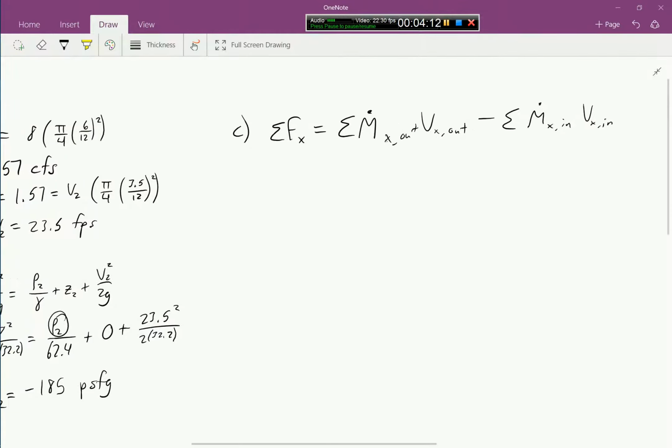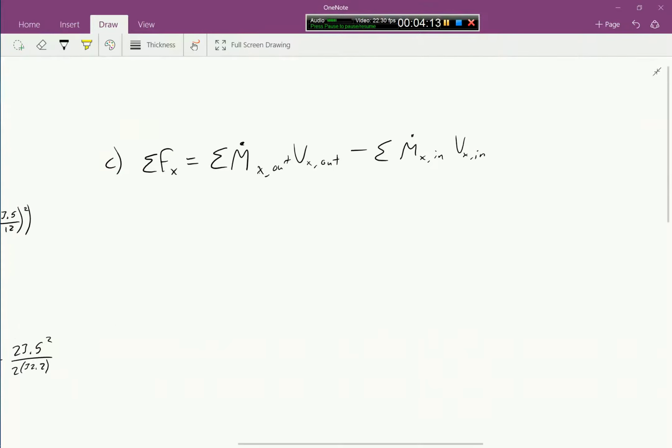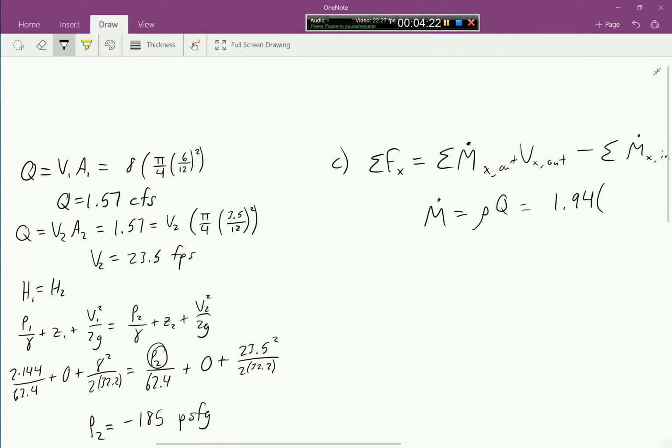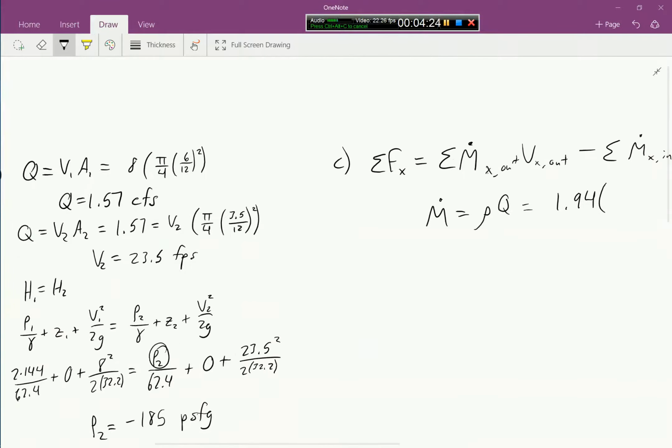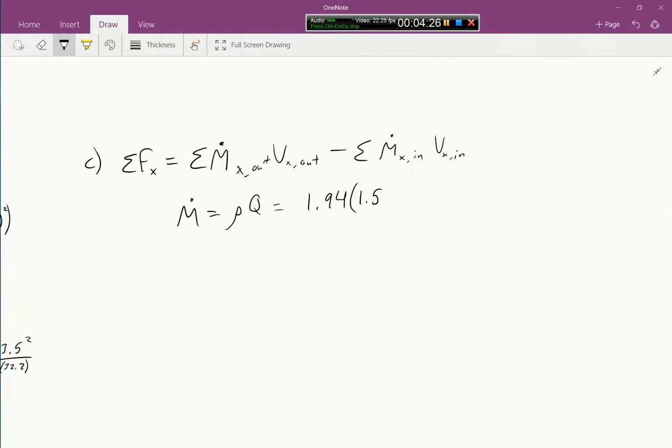So there's our equation, and if you'll recall, m dot is equal to rho Q, where rho is 1.94. That's the density of water, times Q, which we found earlier to be 1.57 cubic feet per second. So m dot is going to be equal to 3.05, and the units of m dot are slugs per second.